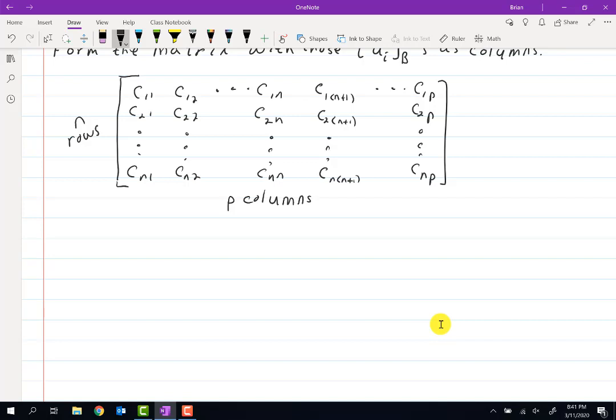Now recall, we can have at most n linearly independent columns. Remember that from the work that we did earlier.